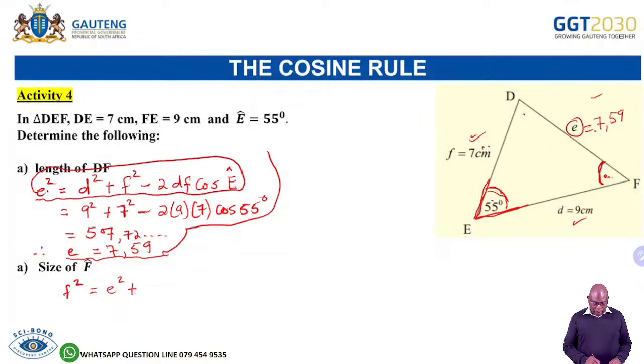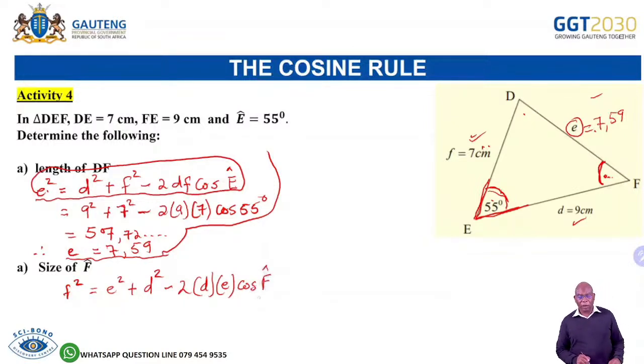So plus d squared minus 2 times d times e cos of f. But remember now I need that f as a subject of the formula. So you must know how to do the subject of the formula: this must go that side, or we can take the whole thing to the left hand side, then from there we can work it out.